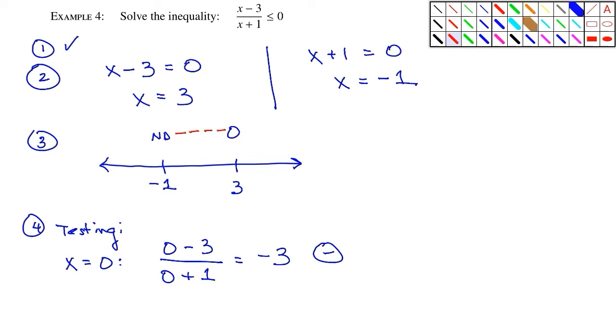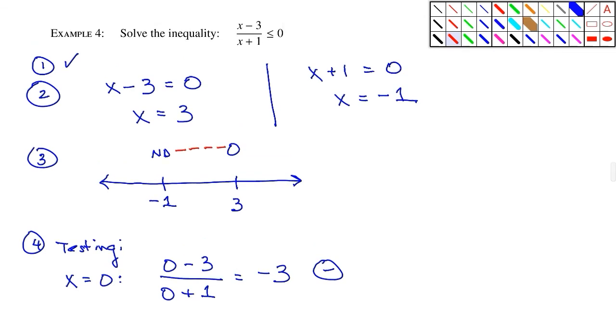And you can continue to test these other points that you can find, or you can look at the multiplicity. The original function had these factors with multiplicity 1, so they were all odd. And so that means it's going to change whenever you cross over one of these.